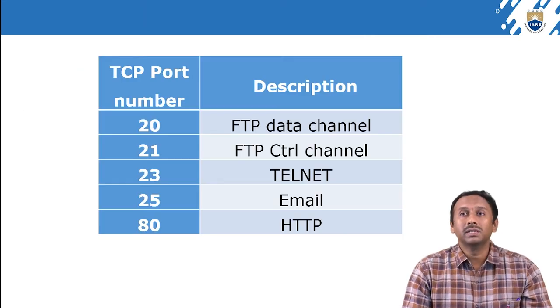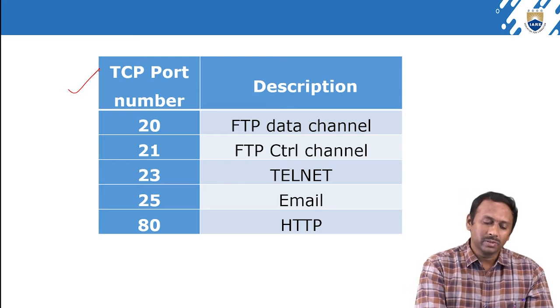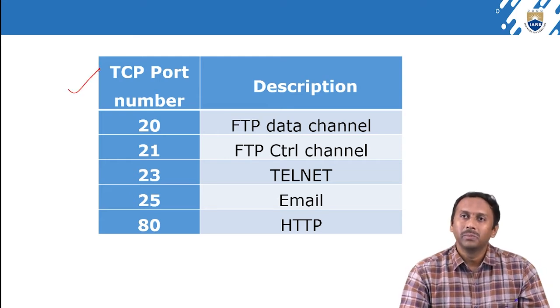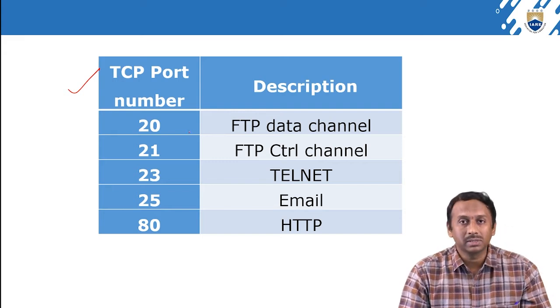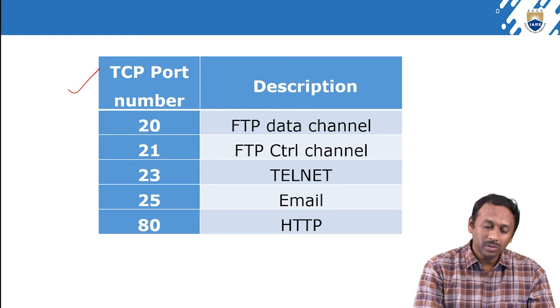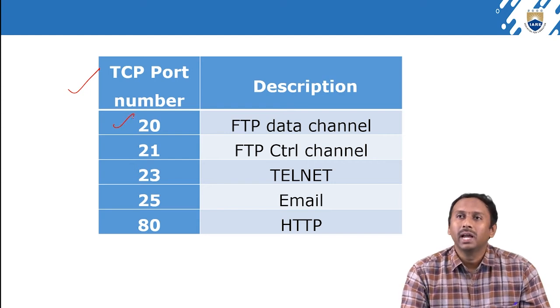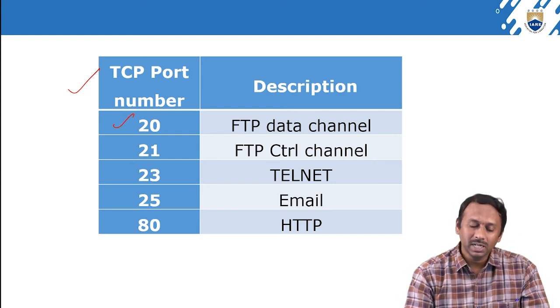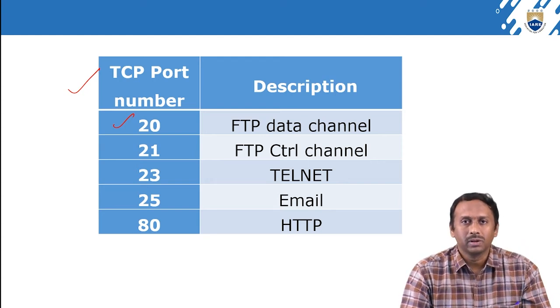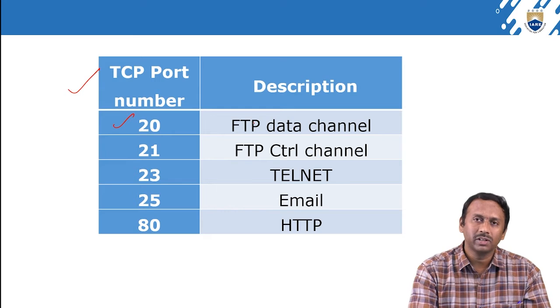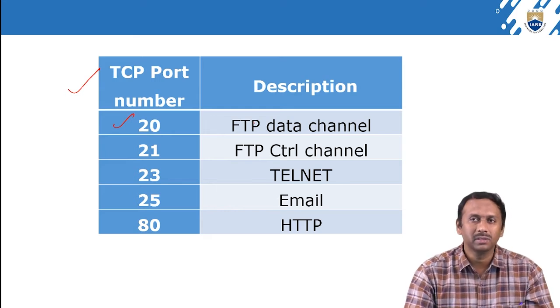This is very important, and everybody please remember the TCP port numbers and what each one describes. Port number 20 describes the FTP data channel. FTP stands for File Transfer Protocol. We will discuss what FTP is and its purpose in the next slide.